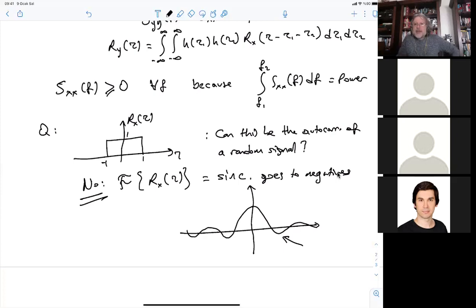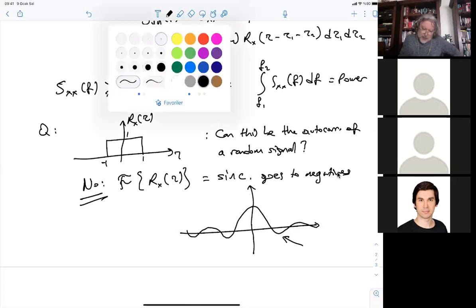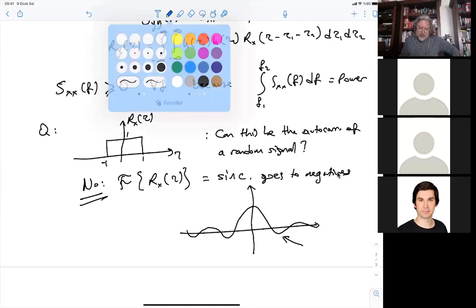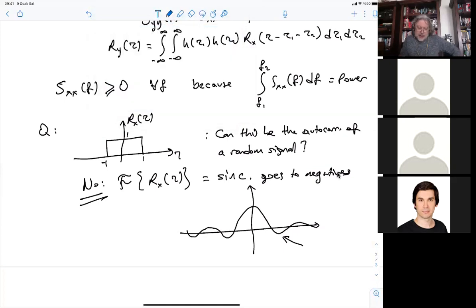The reason that it must stay positive can be thought of like this. Suppose that you are filtering this Rx of tau, or this x of t, the function, through a bandpass filter. The bandpass filter is, let's assume, passing this band, deliberately chosen to be like this, these frequencies.